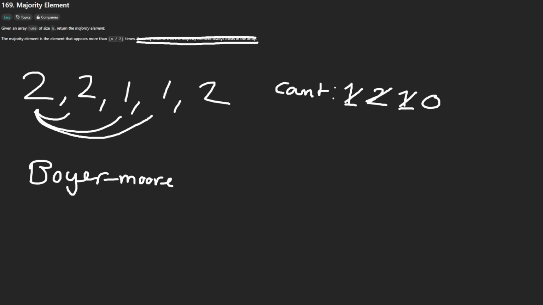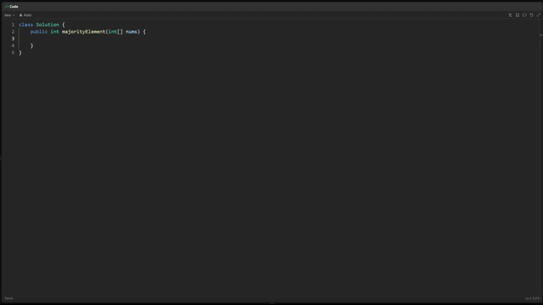So should we reach -1, we would then change our candidate to be the current index and see where we are from there. But in this case, because we haven't reached -1, we're on 0, we can then move on to the next index, which is the same. So we have a 1, and therefore we will return 2 as our majority element.